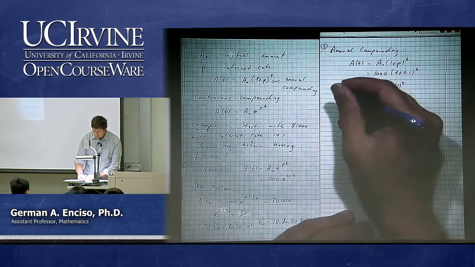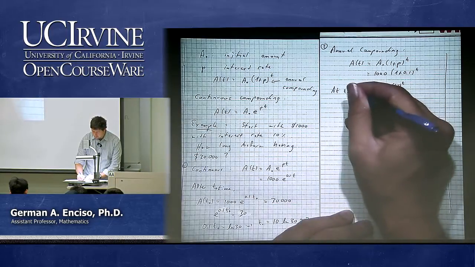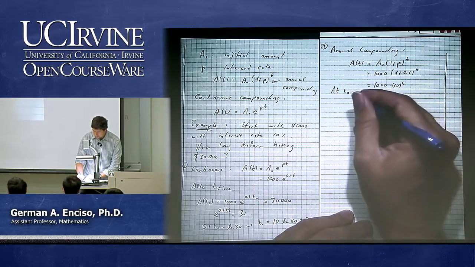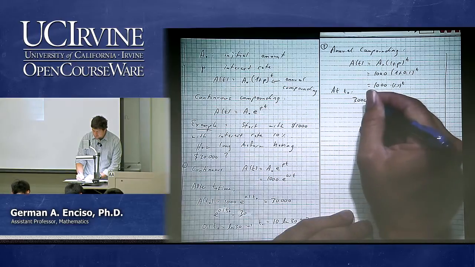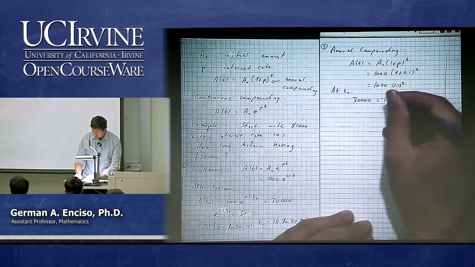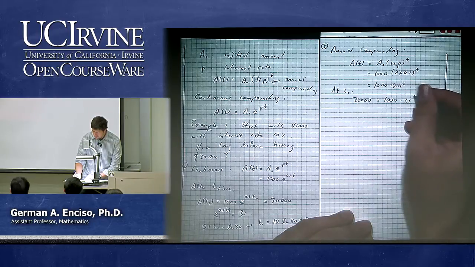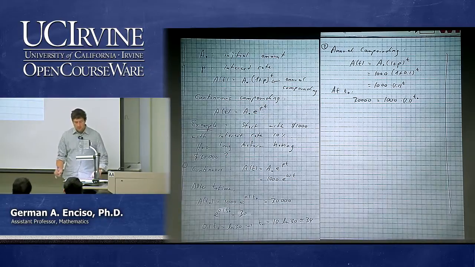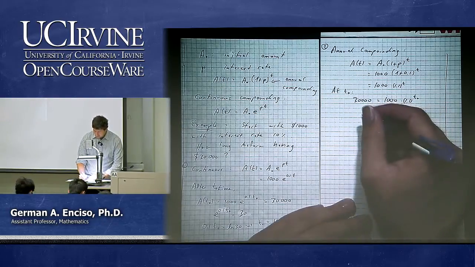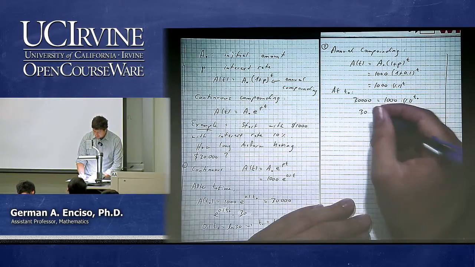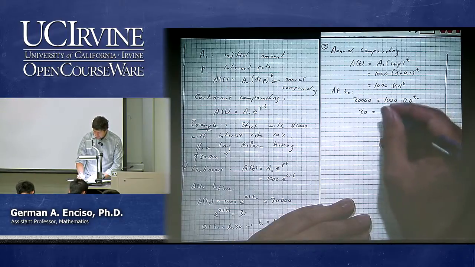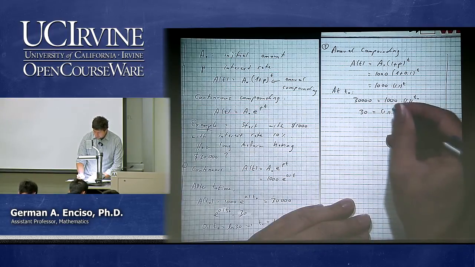Okay, so same story. At time t0, 30,000 is equal to 1,000 times 1.1 to the t0. So I can cancel out 1,000, and I'm going to cancel it right this time. It's 30 equal to 1.1 to the t0.